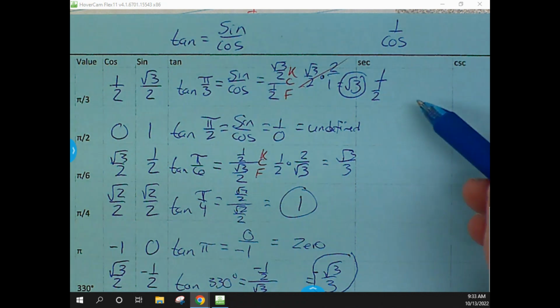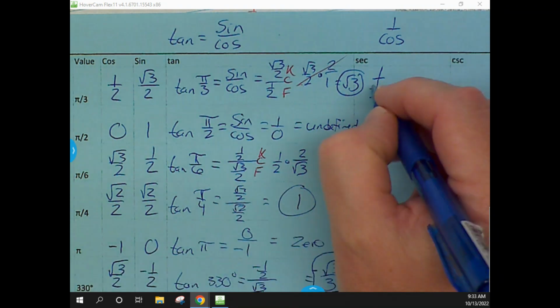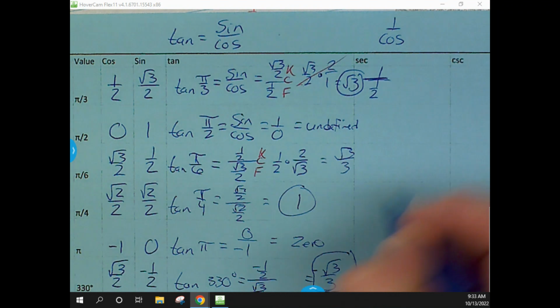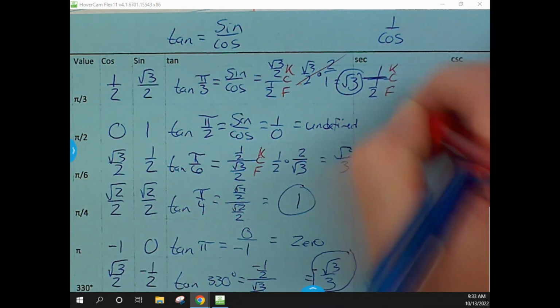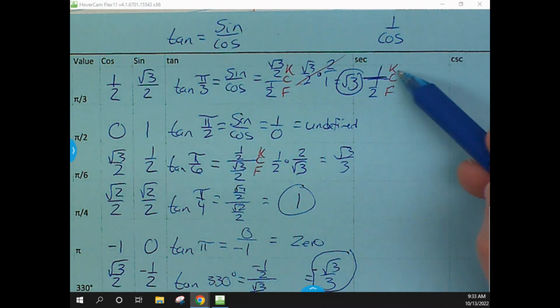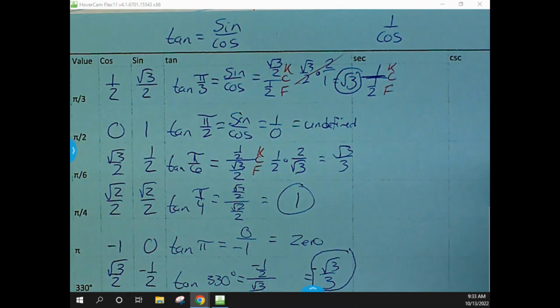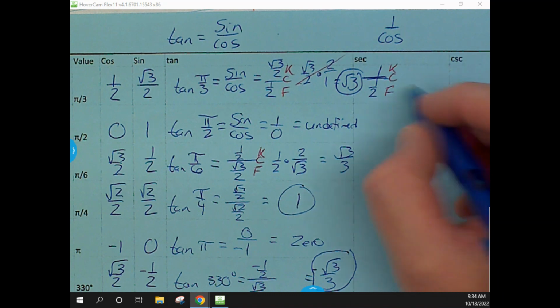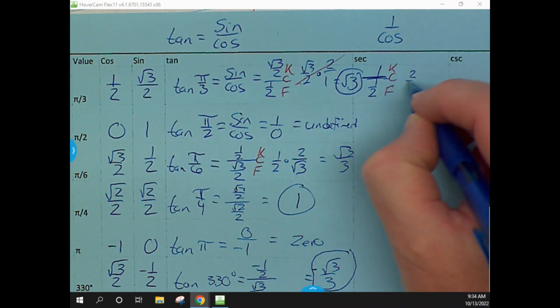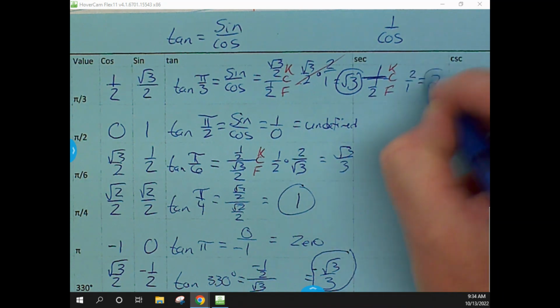If you keep, change, flip here, the top part's never going to change because it's 1, and multiplying by 1 doesn't do anything. So all we have to do is flip the bottom number. In that case, it's 2 over 1, which is just 2.